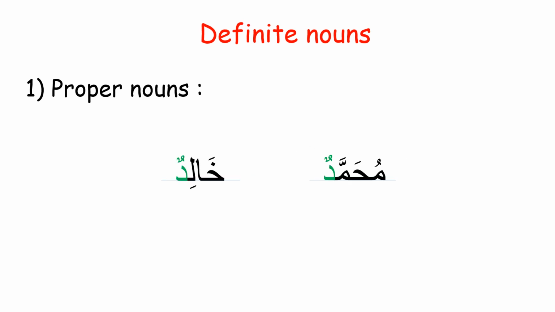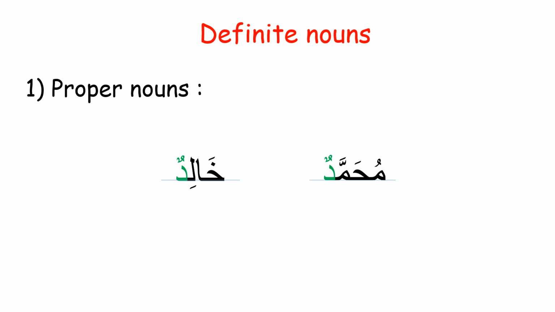As examples we have Muhammadun and Khalidun. Both of these are masculine proper names, which means that they are definite, yet both of them end with tanween. Of course, there is an in-depth grammatical reasoning behind this, but let's save it to the right time.